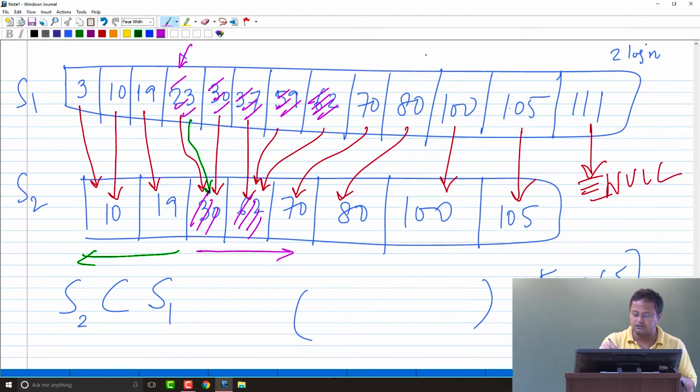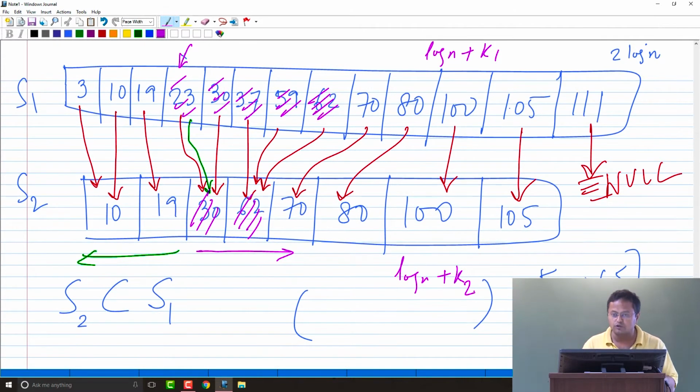So, earlier it was a log n here plus a k 1 and here also it was a log n plus k 2. So, it was 2 log n plus k, now it is log n plus k. So, I have saved one log n.